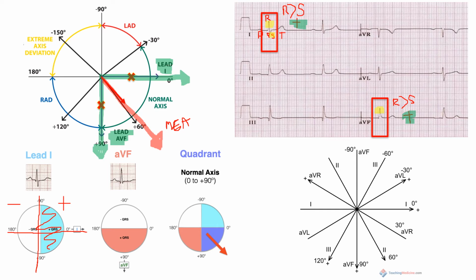Shade the whole area representing the positive side. Next, find your AVF. Here is your AVF, so your AVF goes down like that. After you draw your AVF line, one more time, draw a perpendicular line to your AVF.